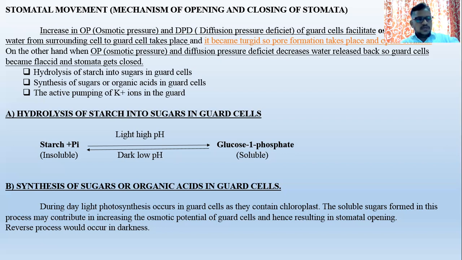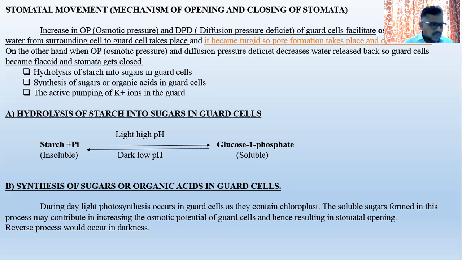Now here, hydrolysis of the starch in the guard cell mainly takes place in the light and whenever pH is high. Okay, while this reaction is reversed in dark and when the pH is low.